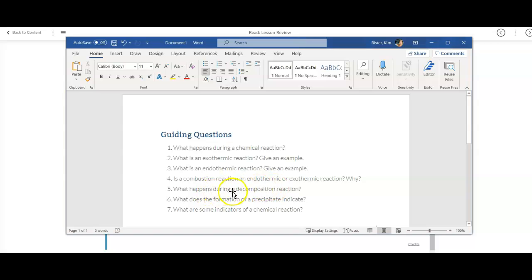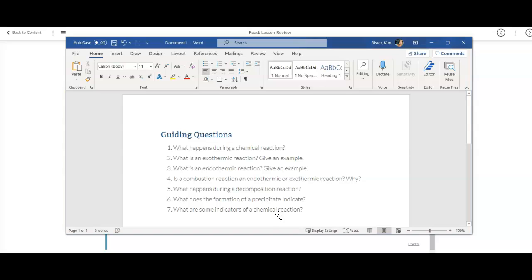And what happens during a decomposition reaction? We know that things are being broken down. We saw that in the lesson. What does the formation of a precipitate indicate? Pretty easy, right? We saw a solid form as a chemical reaction. And then what are the indicators of a chemical reaction? So you just had that in your notes.